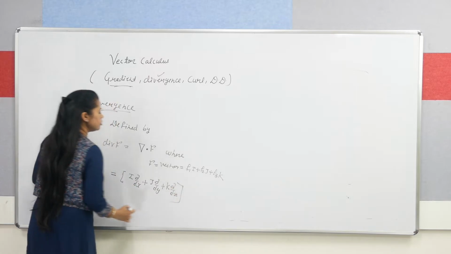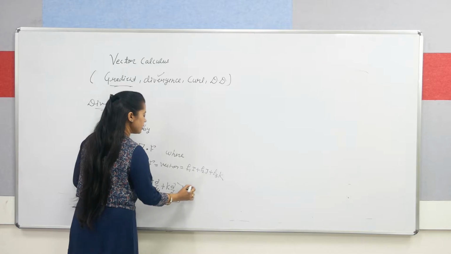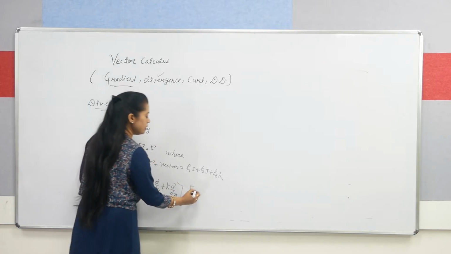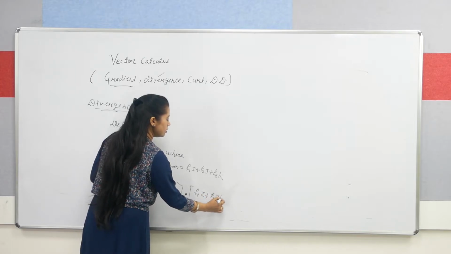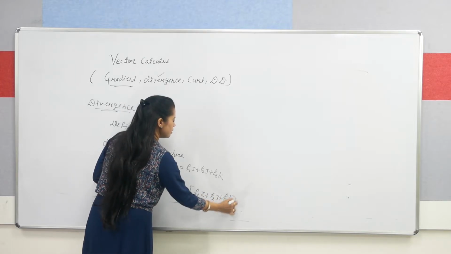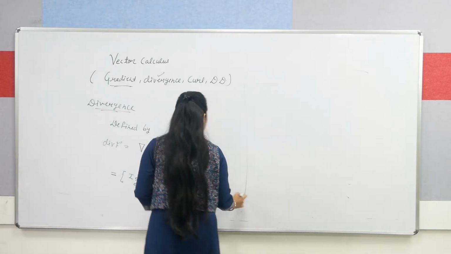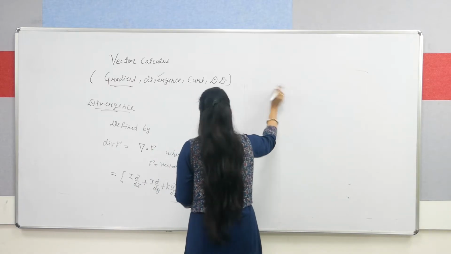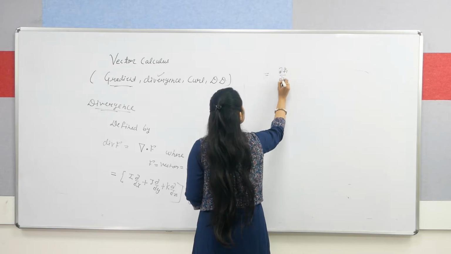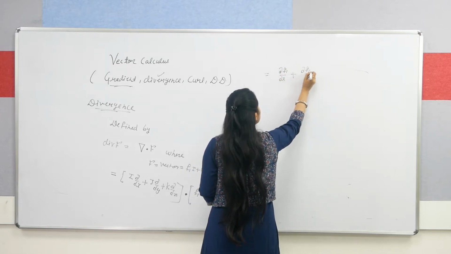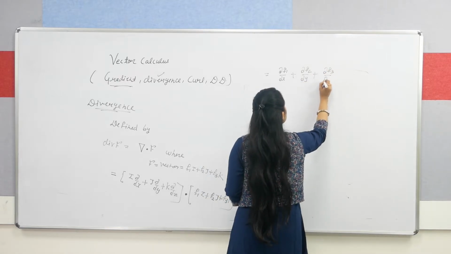Since it's a dot product, the function must be a vector function. Input is a vector over here, f1 i plus f2 j plus f3 k. We very well know how to find a dot product, so it will be del f1 by del x plus del f2 by del y plus del f3 by del z.